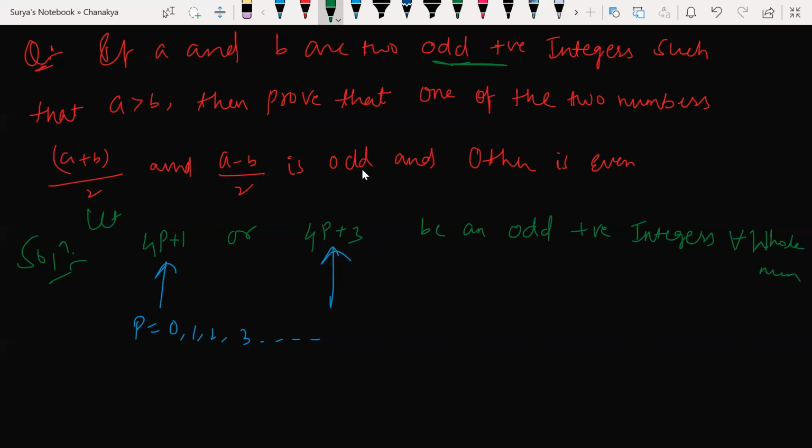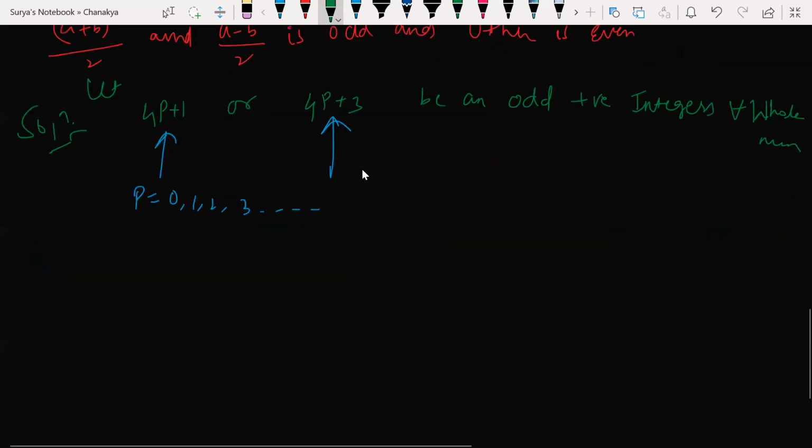I'm writing for example, p could be any number. If I write p as 0, 1, 2, 3, and substitute any number in place of p, that gives you an odd number only. That is the meaning of that. Is it clear? Yes, sir.